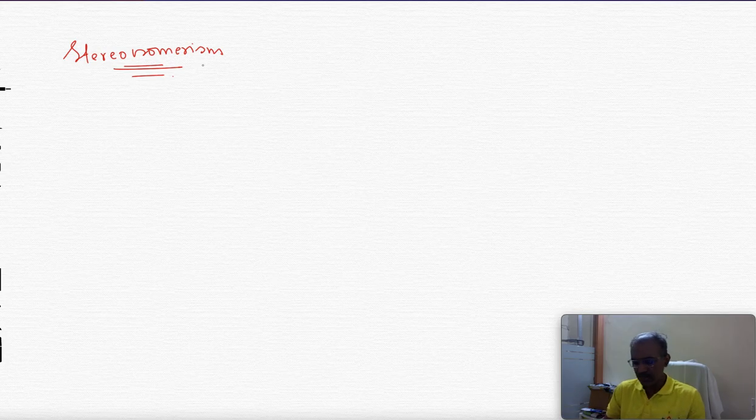Stereoisomerism is nothing else but compounds having same molecular formula but different structural formula. So, but they differ in their properties.